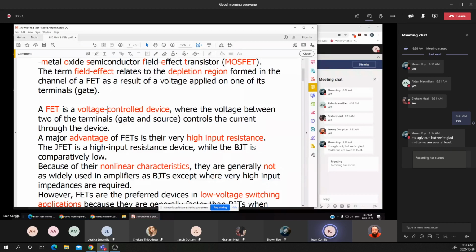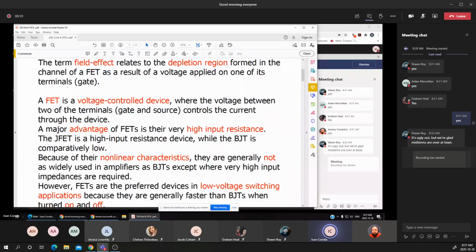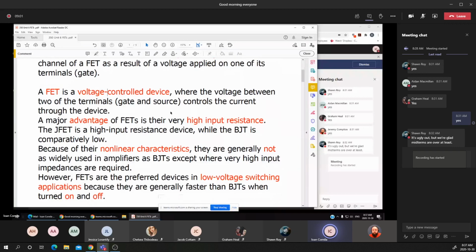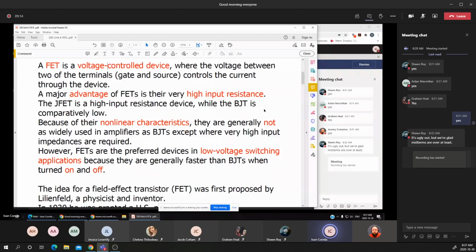Again, it requires a very small amount of current; actually just the voltage is used to turn on and off, or to adjust the current that flows between the source and the drain. And one of the biggest advantages of an FET is a very high input resistance.